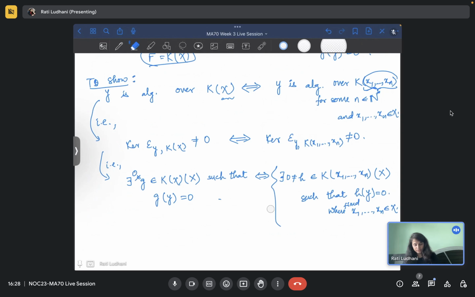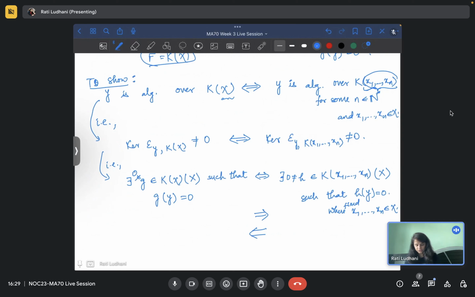There are two sides we need to prove: left hand side implies right hand side, and right hand side implies left hand side. Which side do you think is trivial? Just think about it. Left to right, okay. Is it so?